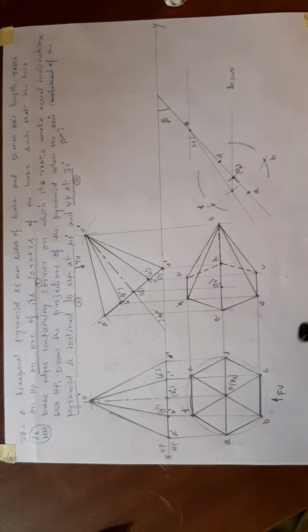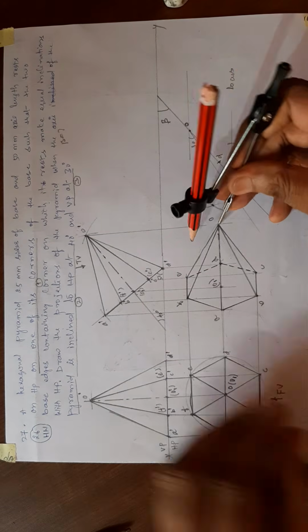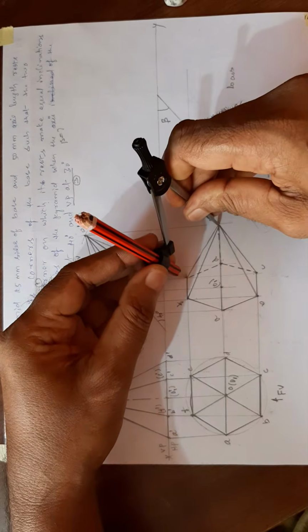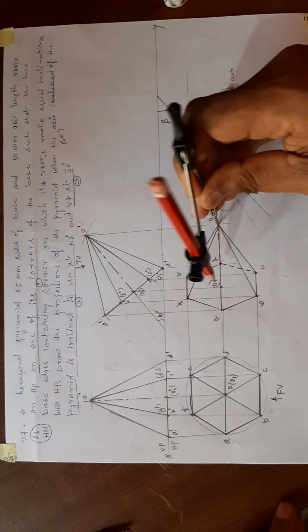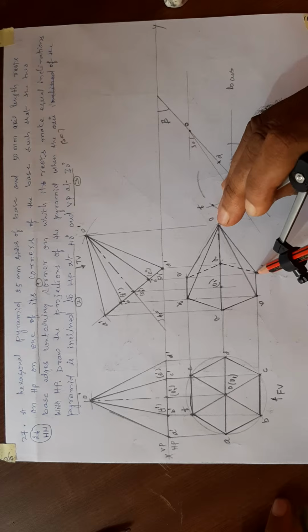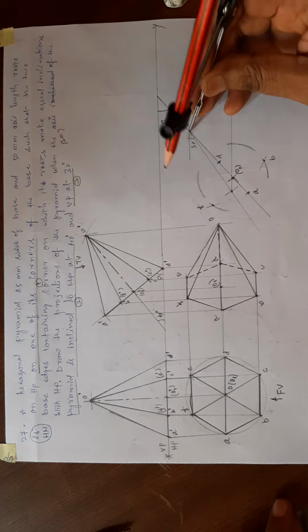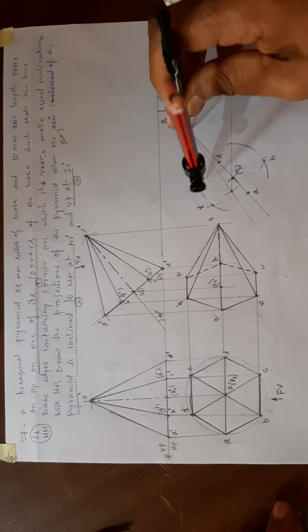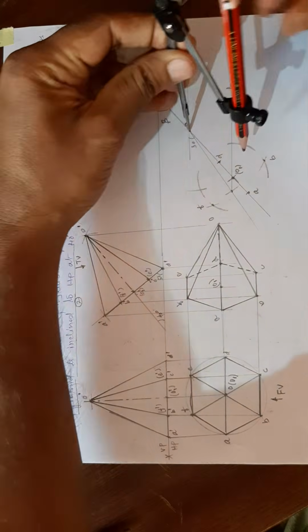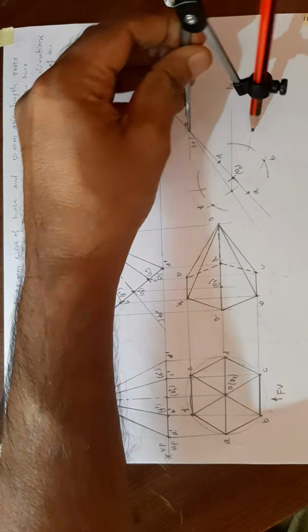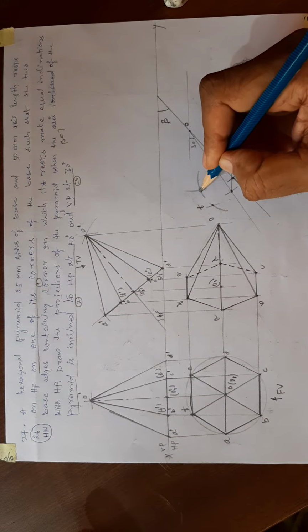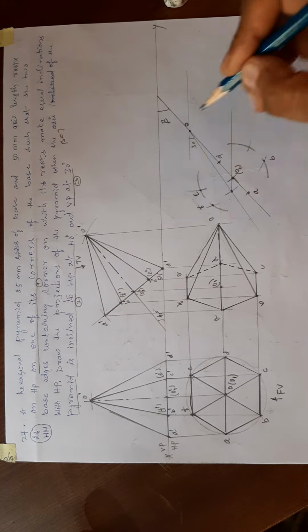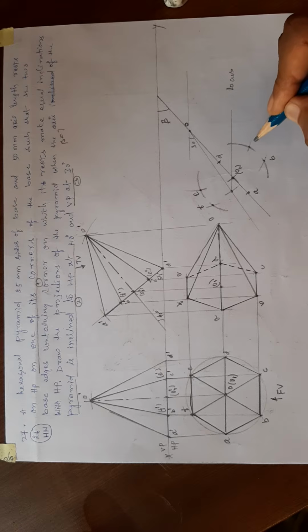Then keeping the compass at O, take OE. OE is equal to OC. Then keep the compass at O and cut the previous two arcs, and you will get two more points. Now this point is E. Now this point is C.